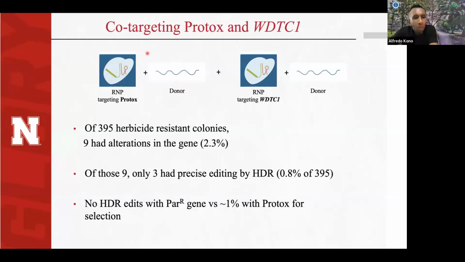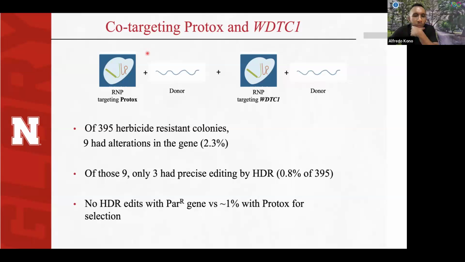But you do it all the time, right? So you introduce two RNPs together during transformation? Yeah, but you have to make them separately. You make one complex, you make another complex, and then you add the donors. Then everything goes into the tube with your Chlamydomonas cells, and you put it in the cuvette and do electroporation.